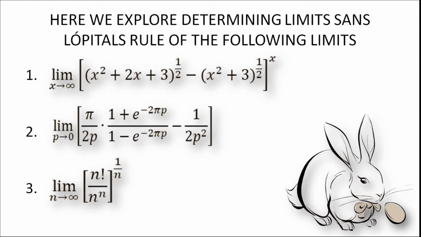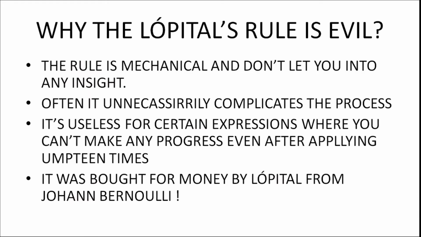Okay, that limit seems very nice, a bit difficult to evaluate, but we shall see that it is not at all. Third one looks almost impossible. Limit n goes to infinity, (n factorial divided by n power n) whole power 1 by n. Okay, we shall see how we can evaluate these limits in this episode.